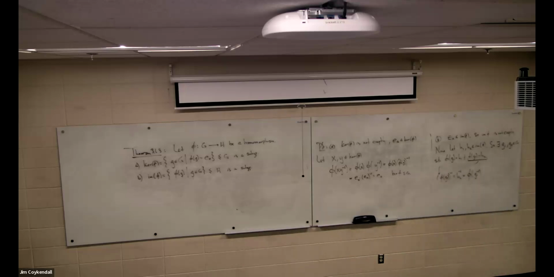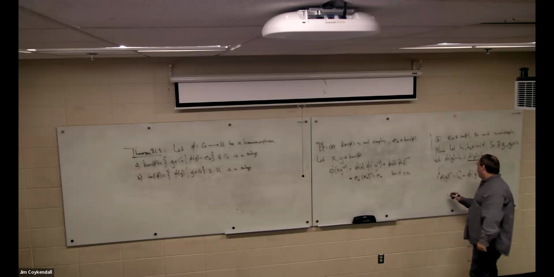Whenever I say f from Barney to Fred is a homomorphism, I implicitly mean that Barney and Fred are both whatever the structure is, in this case, groups. Everybody with me so far?